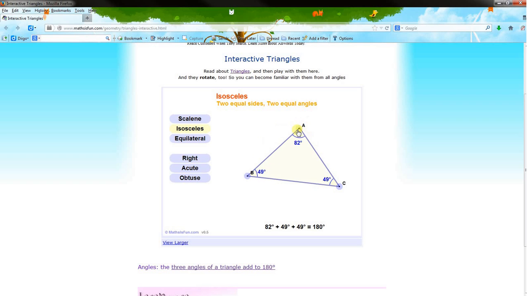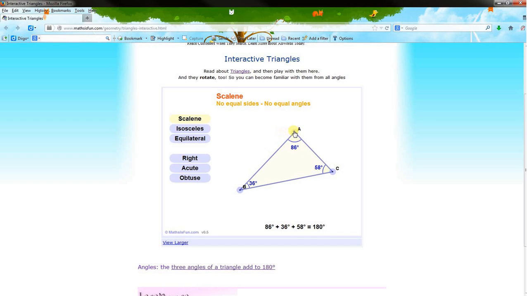A scalene triangle always has angles that are completely different. And although they are completely different, because it's a triangle, all of the angles will always equal 180 degrees. So if you look at the bottom here, you'll notice that although I'm changing the position of the vertices, the angles always add up to the same 180 degrees.